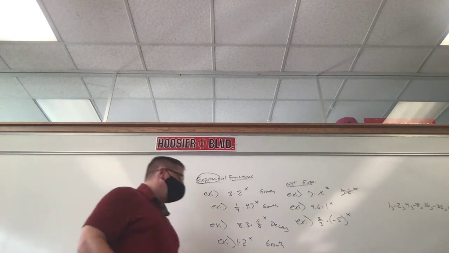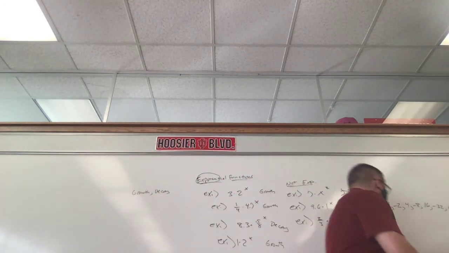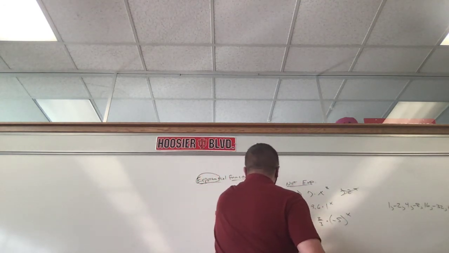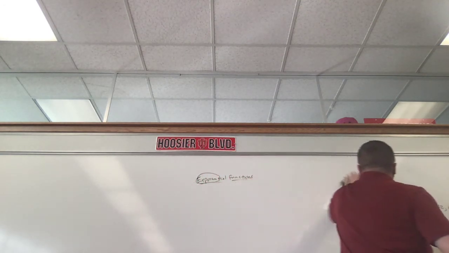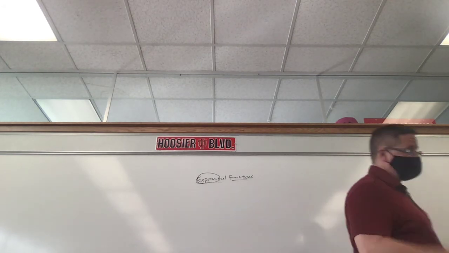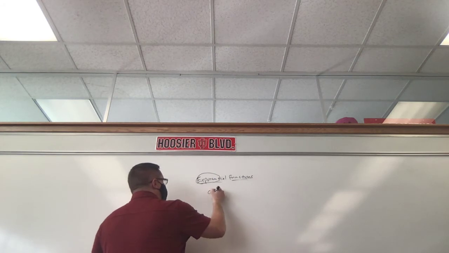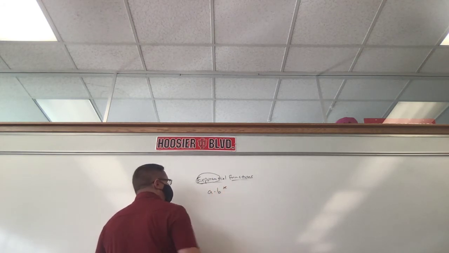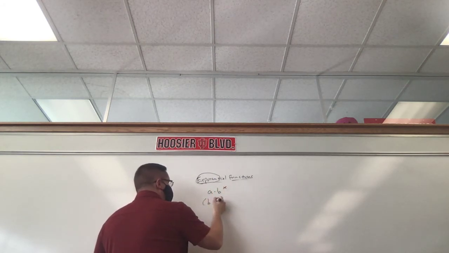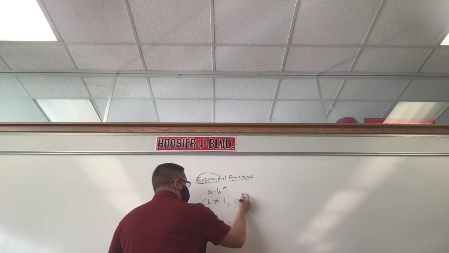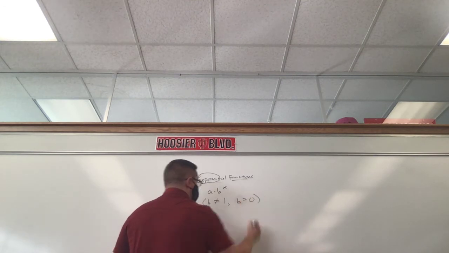All right? So here's what I would jot down if it was me. I said, just watch for a few minutes and then maybe take some notes. I would jot this down. I mean, unless you're sitting there going, I'm not going to forget this. Okay. Has to be of the form a times b to the x power, and b is not equal to 1, and also b has to be bigger than 0.